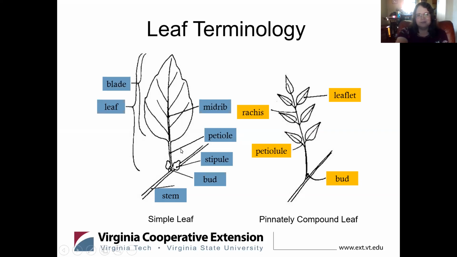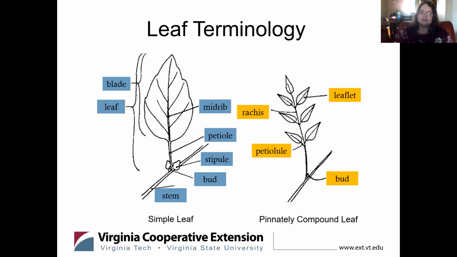Sometimes some thorns can grow out of here. Sometimes the stipule is kind of complicated, so we'll talk about that more coming up too. But that is a simple leaf. Myself, I am a visual learner. We're going to have some visual examples and some species examples coming up about what are in the simple leaf category.